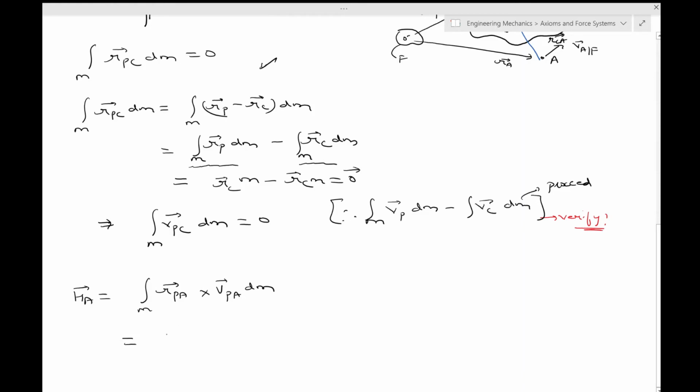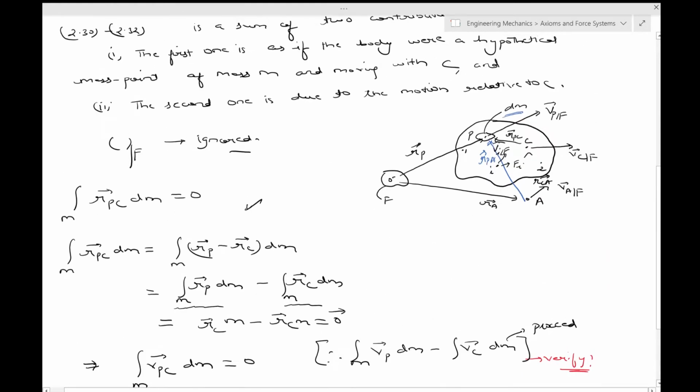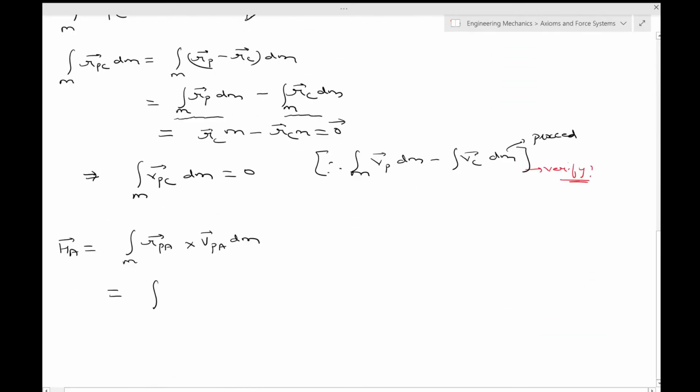Now this R_PA you can break down into R_PC and R_CA. R_CA plus R_PC is equal to R_PA. So you would write it as (R_PC plus R_CA) cross, and similarly V_PA also you can break down into V_PC plus V_CA, with respect to dm or m.